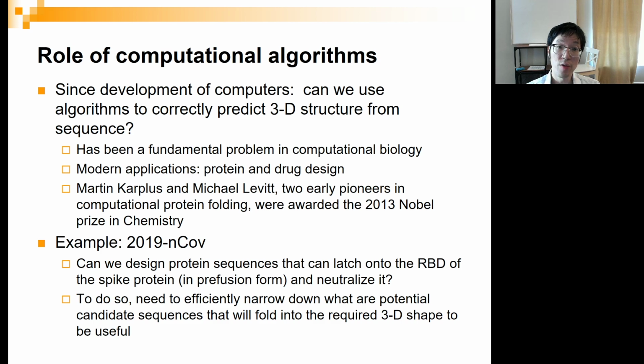That would be very useful. Since there are so many possible sequences that we could build, computational algorithms could help narrow down what people actually need to try putting together in the lab. In that sense, computers and algorithms can play a really important role in the drug development and drug discovery process.